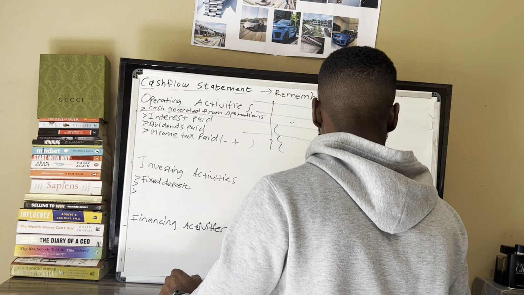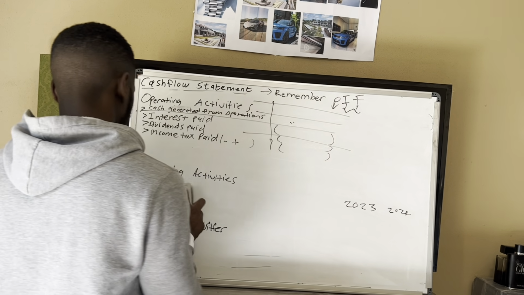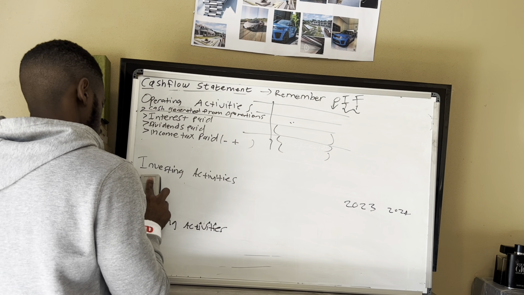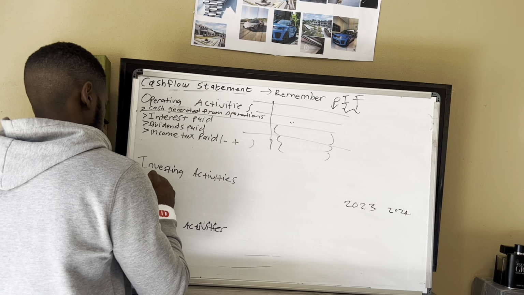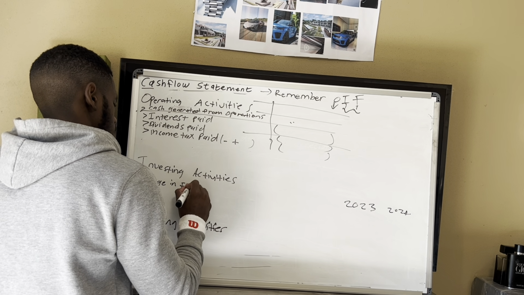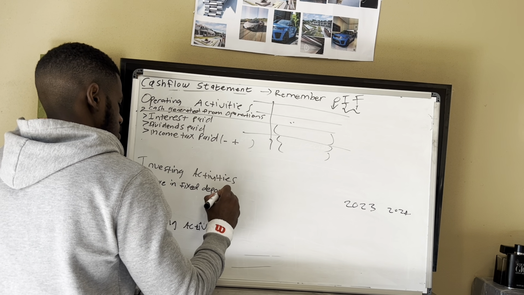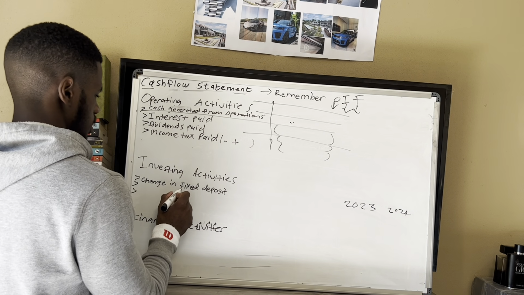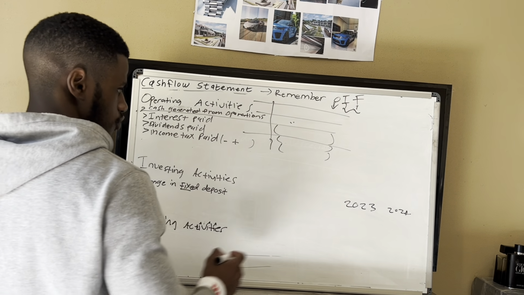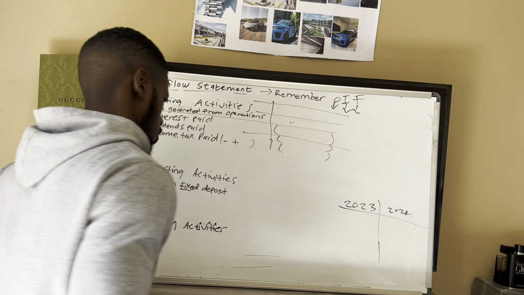You won't just say fixed deposits, but the change in fixed deposits or financial assets. But I'm using the word fixed for a specific purpose, to make it easy for you when we do the next one.